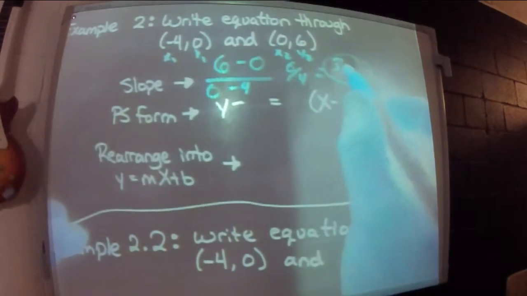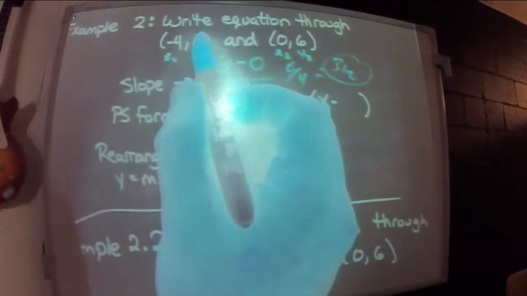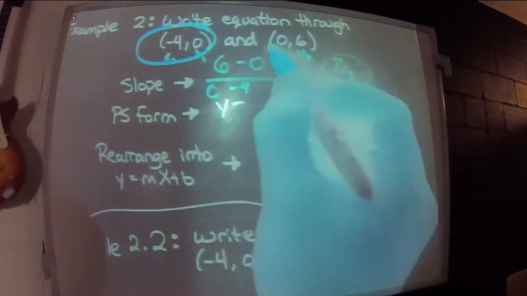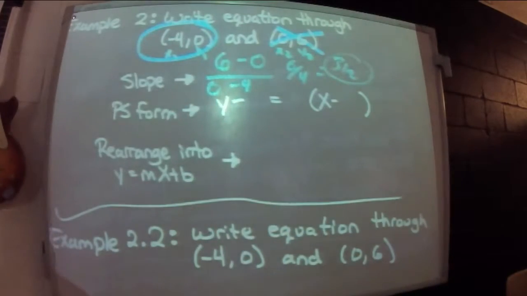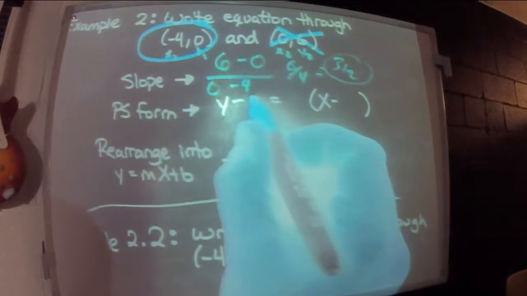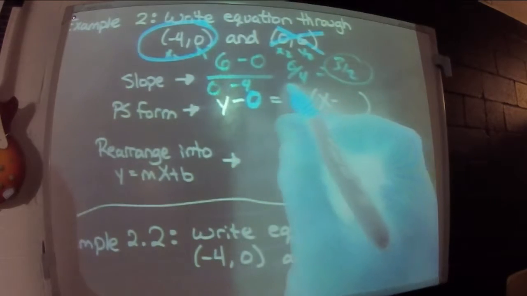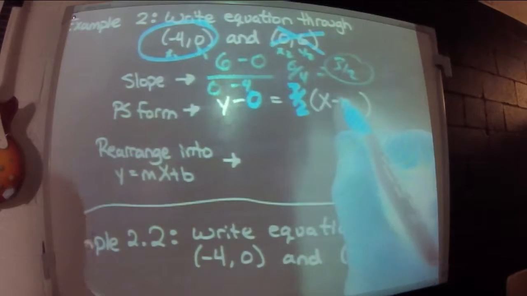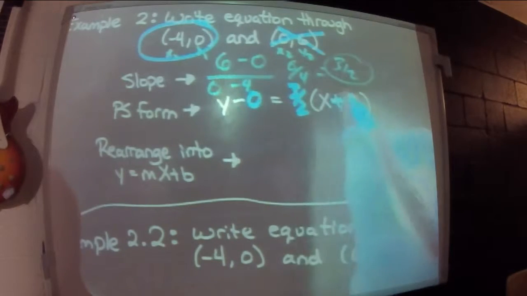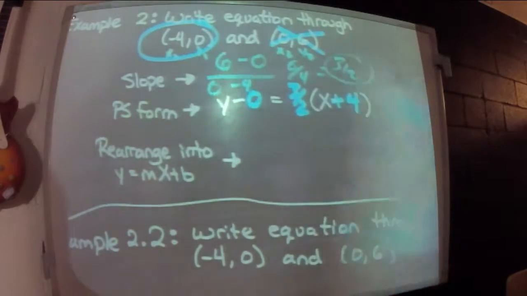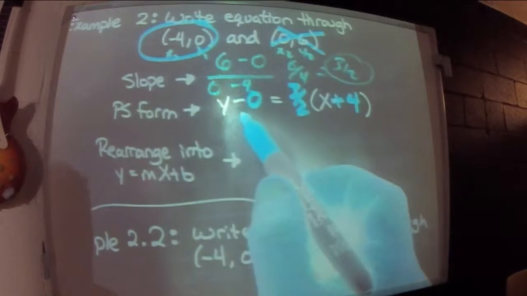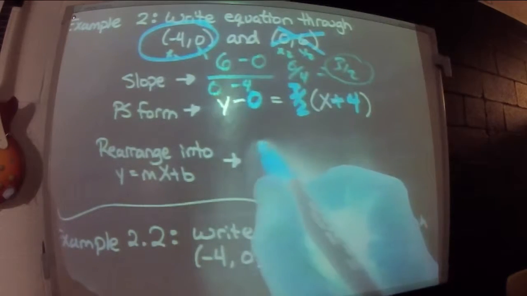Choose 1 point to be your first. I just go with this one by default. Now y minus y1 will be y minus 0 equals 3 halves times x minus negative 4, x plus 4. Y minus 0 is just y. All you got to do is distribute.